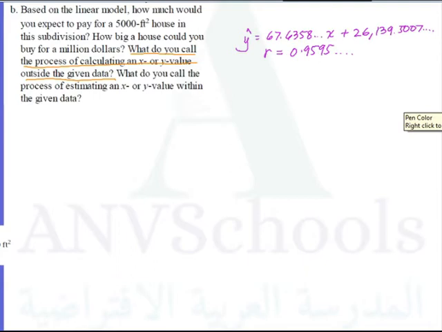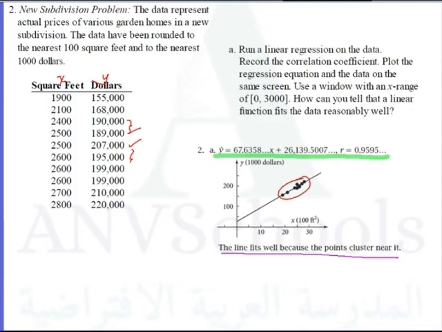So for letter B, we could find y when our x is 5,000. Look here, 5,000 feet is not included in here.